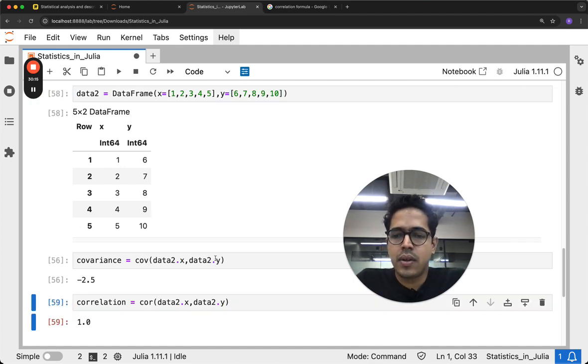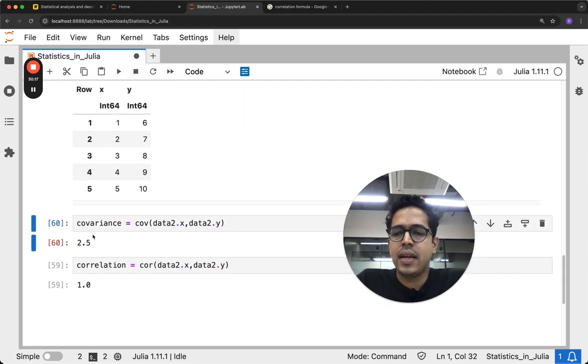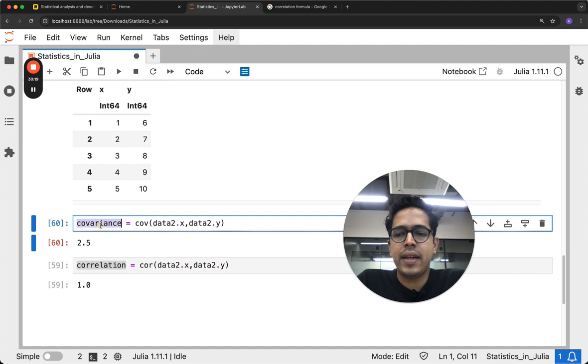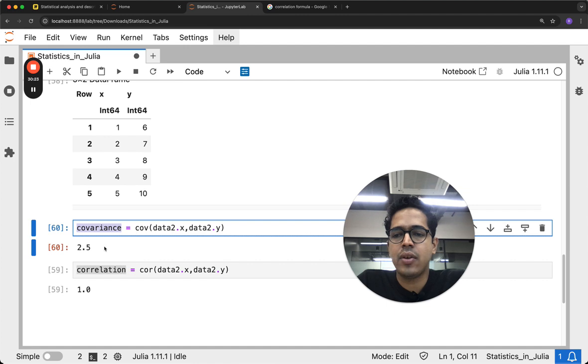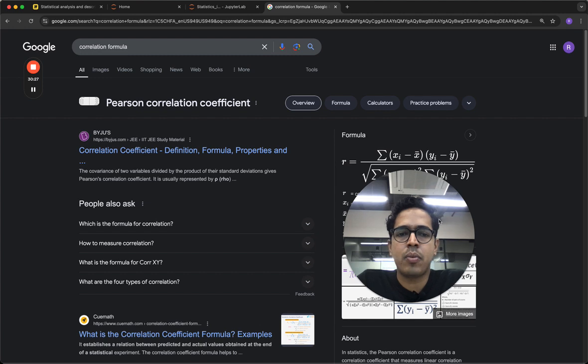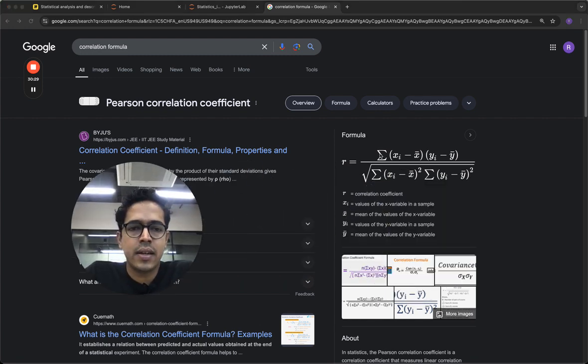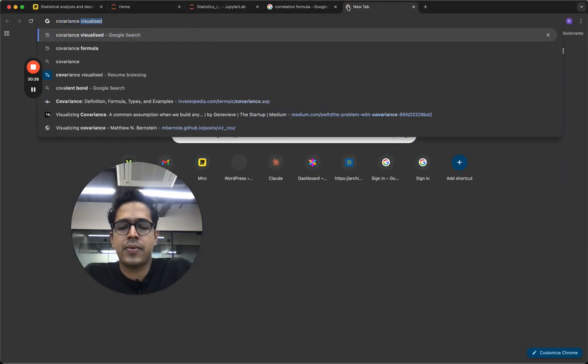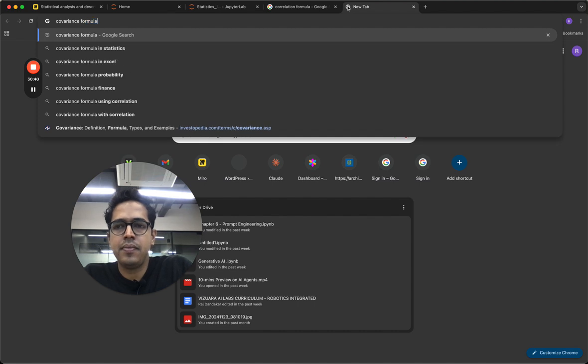So basically correlation is nothing but covariance scaled by another factor. The sign of covariance and correlation has to be the same, because if you look at the formula for correlation, the denominator is positive, and the numerator is the sum of xi minus x bar times yi minus y bar. The covariance formula also has the same numerator.